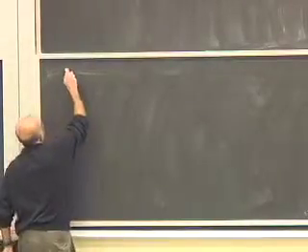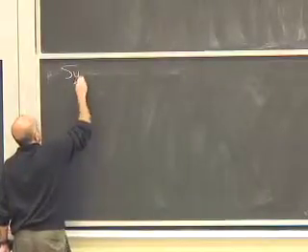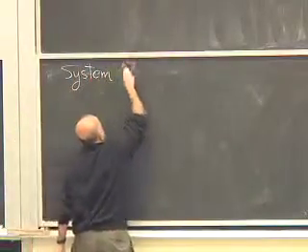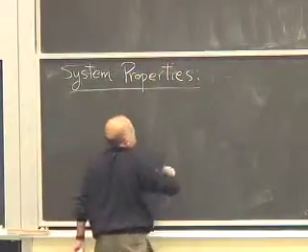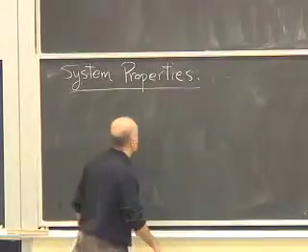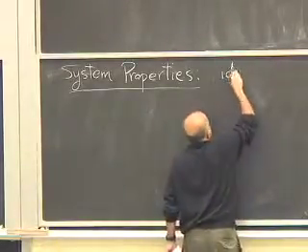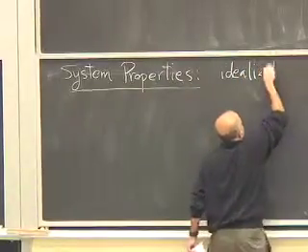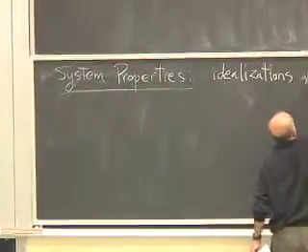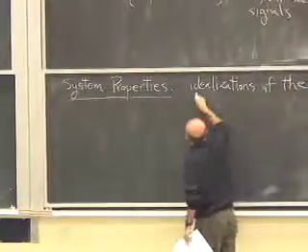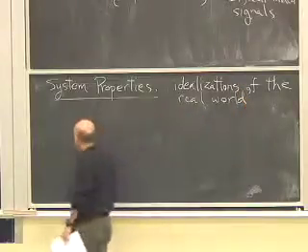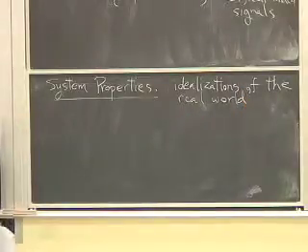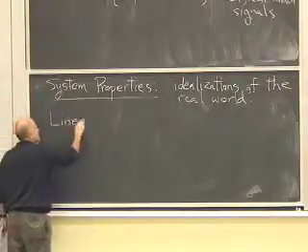What I want to dive into is the set of system properties. System properties. The first, and these are all idealizations of the real world, the first of which is linearity.